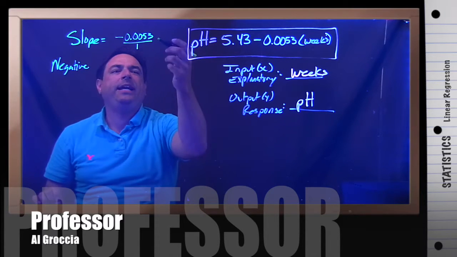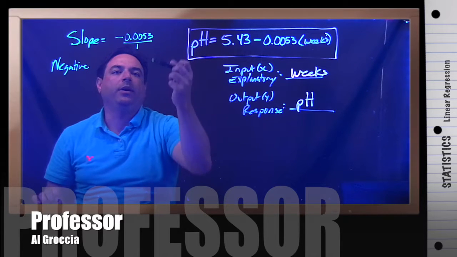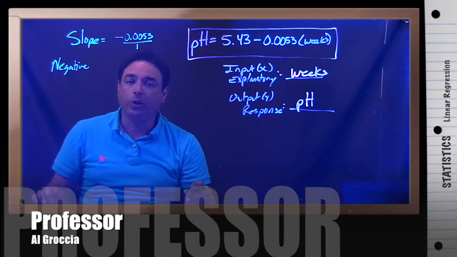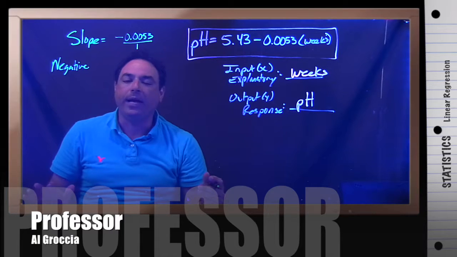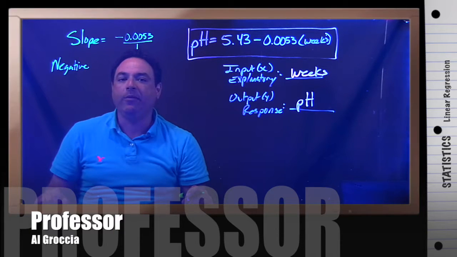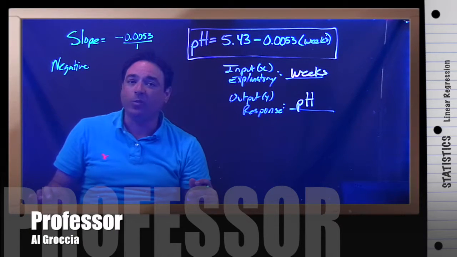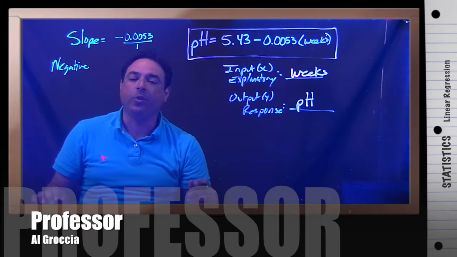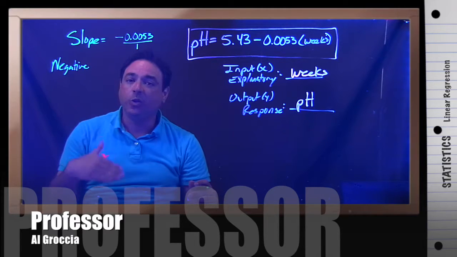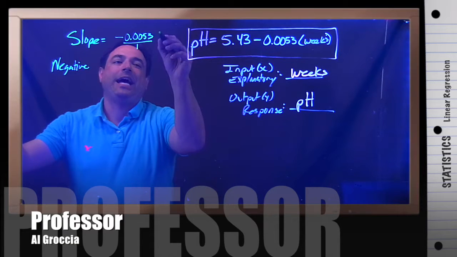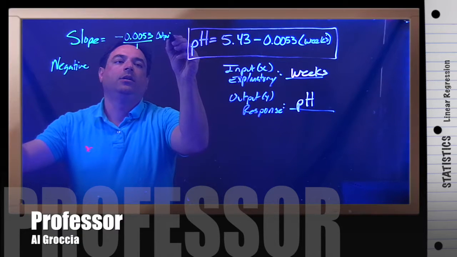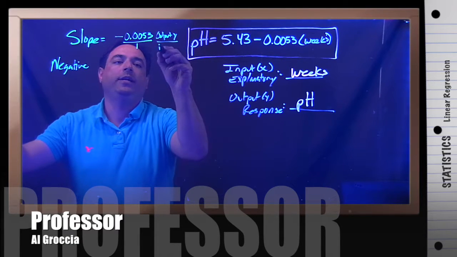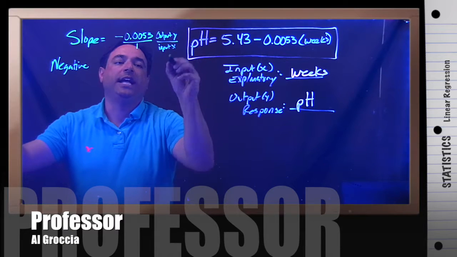Okay? And then we have, notice I put a number on top and a number on the bottom. You may remember when you learned about slope, you may remember rise over run, or you may remember the formula y2 minus y1 over x2 minus x1. All of that's saying is slope is a rate of change, and it's output, your y, over your input, which is x.